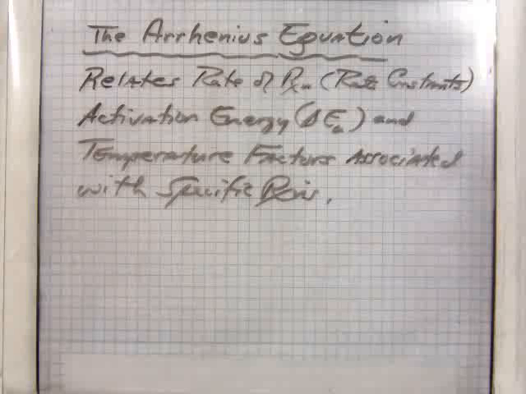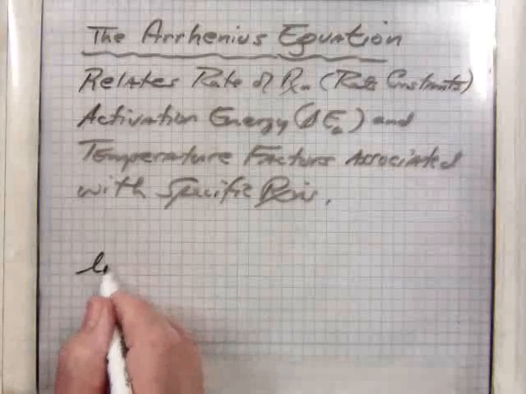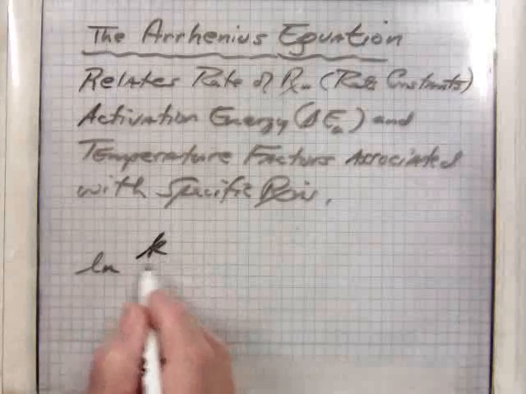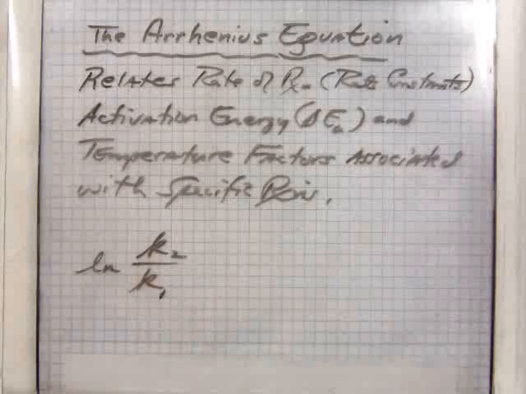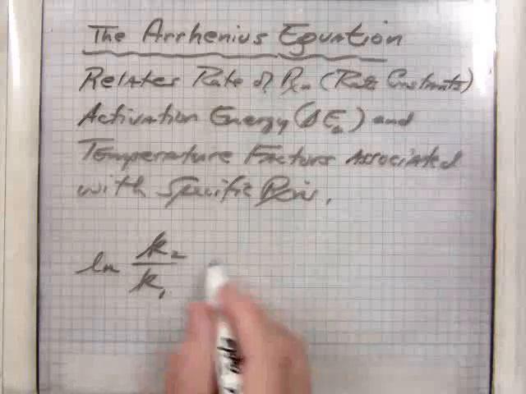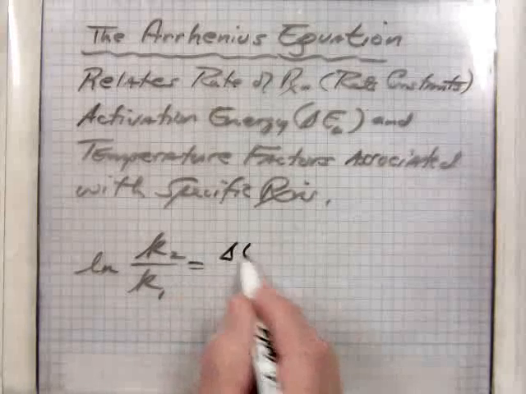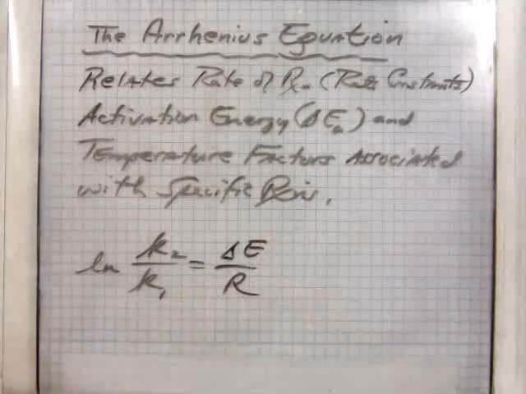I've got a couple of problems. We will work on this, but it is simply the natural log of the ratio of rate constants for a given reaction. If you use two different temperatures, you'd have two different rates, which would translate to two different K values. And this is equal to the activation energy over the thermodynamic R value.